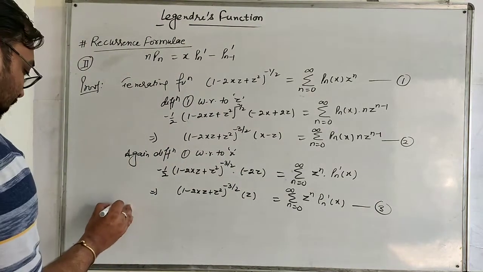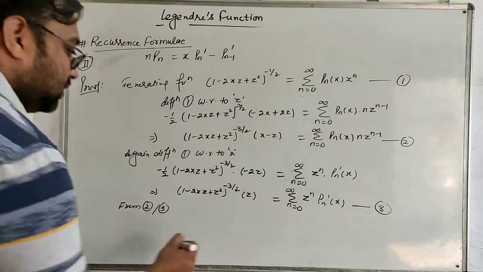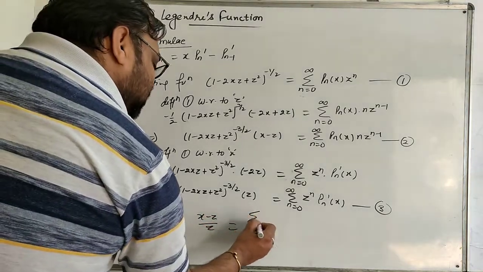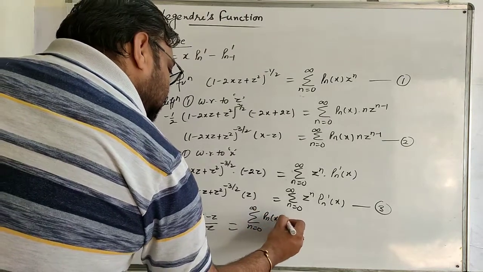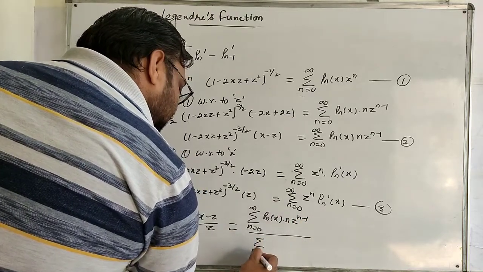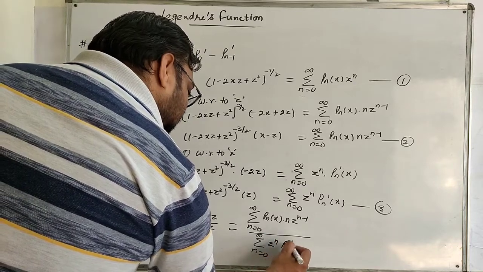Now from 2 oblique 3, what do we get? (x - z)/z = Σ(n=0 to ∞) Pn(x) n z^(n-1) / Σ(n=0 to ∞) z^n Pn'(x).